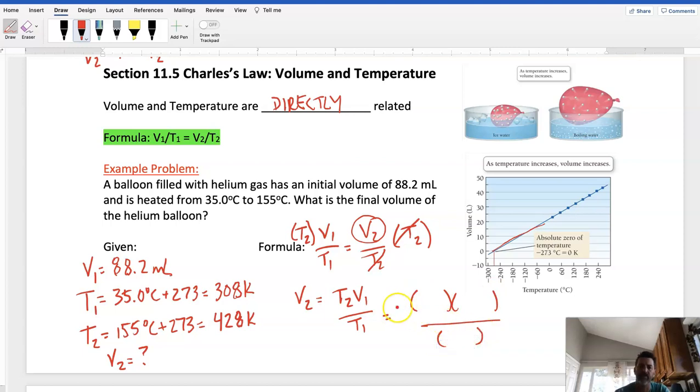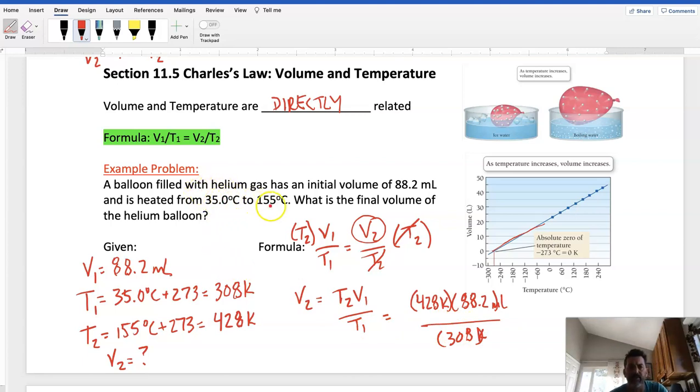So I've got two in the numerator, one in the denominator. So T2 is 428 K. My V1 is 88.2 milliliters. And then my T1 is 308 K.